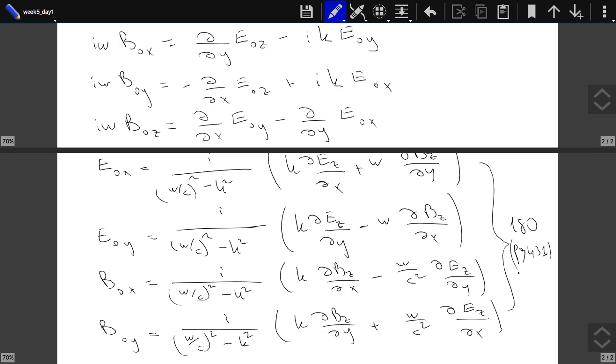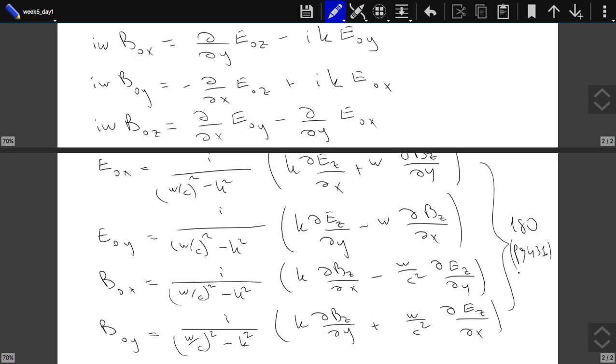But those 2 derivatives, I can change their order. So those 2 derivatives are equal to each other. When you subtract the derivative of E0x from the derivative of E0y, the E0z terms will cancel. You only have derivatives of Bz on the right-hand side. On the left-hand side, you only have Bz anyway.